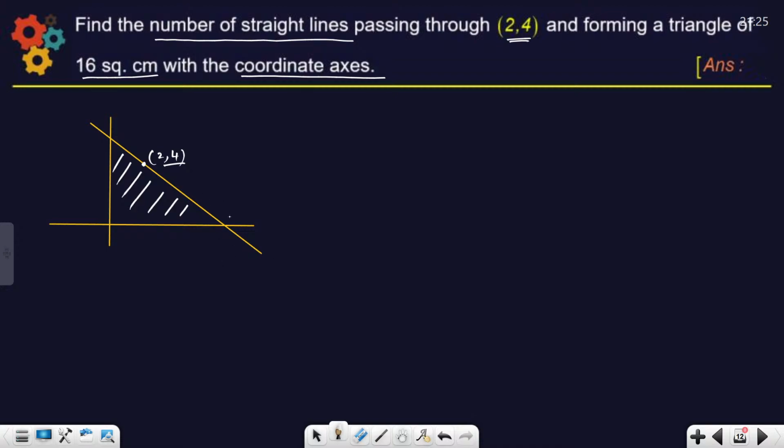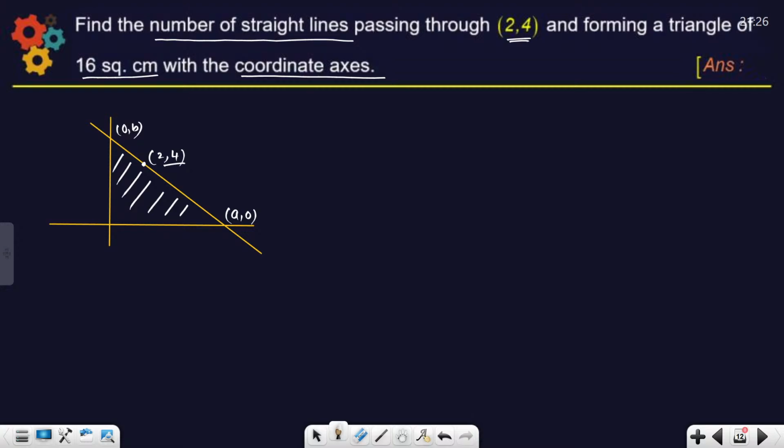Let us say, I'm giving you a hint and I will give you 1 minute to think over it. Let us say one position of the straight line is this and it is intersecting the x and y axis at say (a, 0) and (0, b). Okay. Now please try this problem. I'm giving you 1 minute. Think about it.